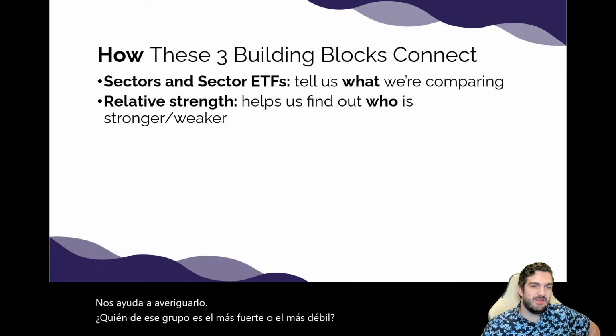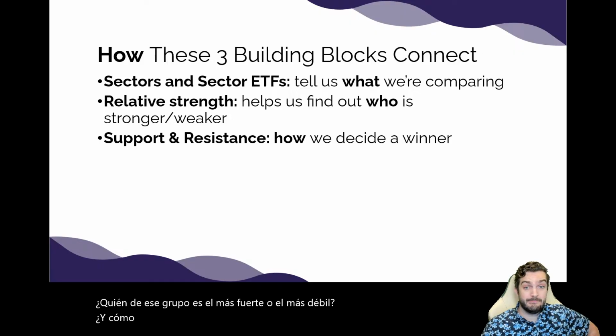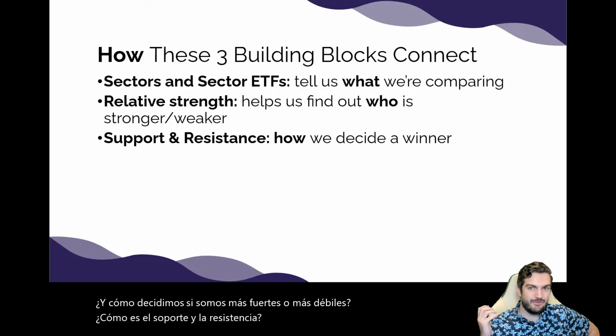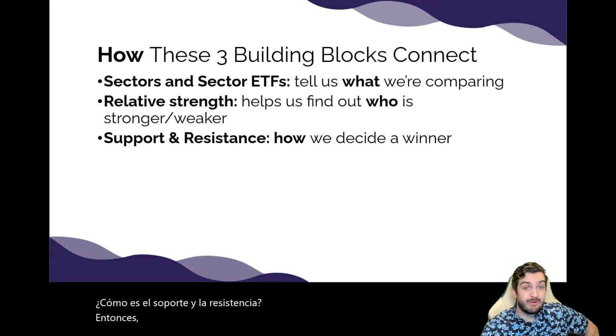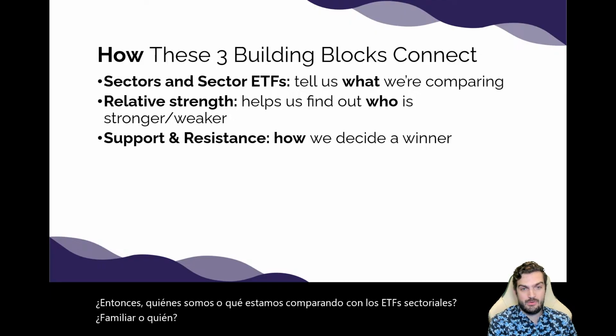And how do we decide stronger or weaker? Well, the how is support and resistance. So what are we comparing? Sector ETFs. Who is stronger or weaker? Relative strength. How do we figure that out? Support and resistance.